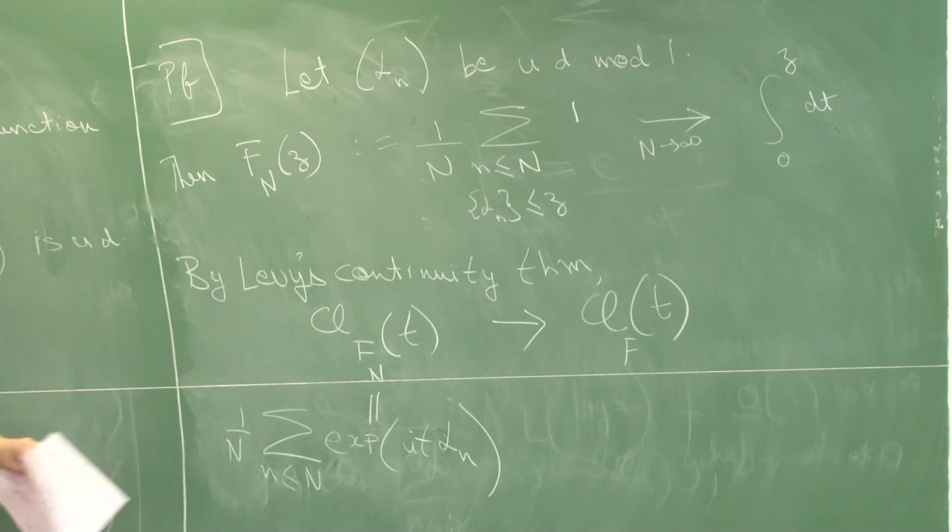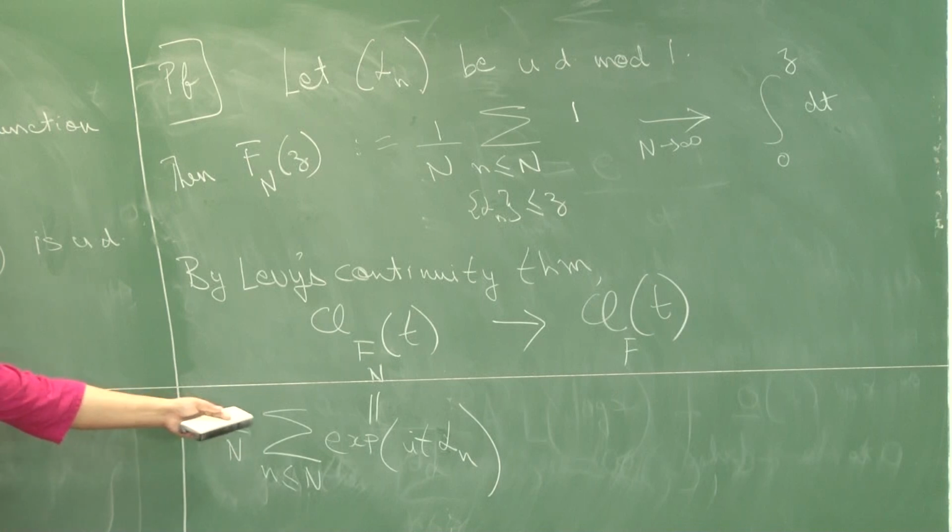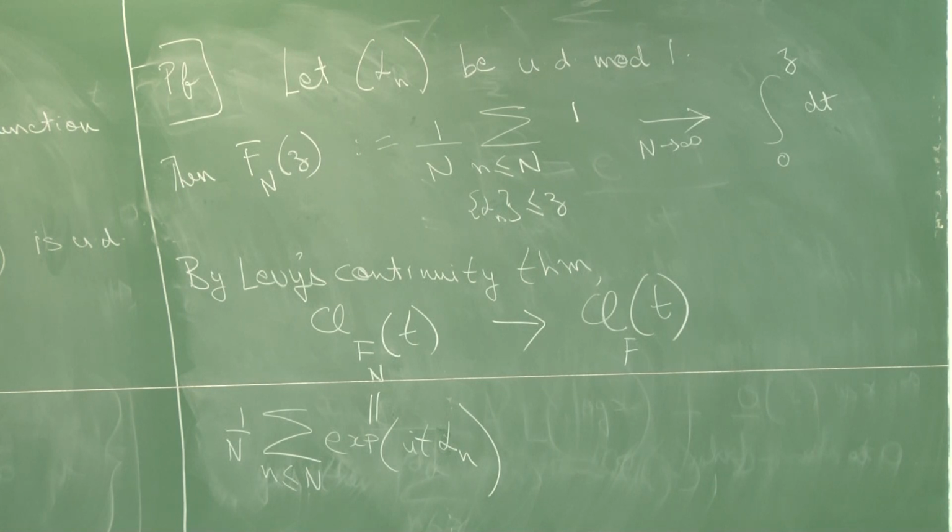Actually, you should have the fractional part of alpha sub n, but the exponential is a periodic function, so whether you take the fractional part or the real number itself, this gives you the same value.